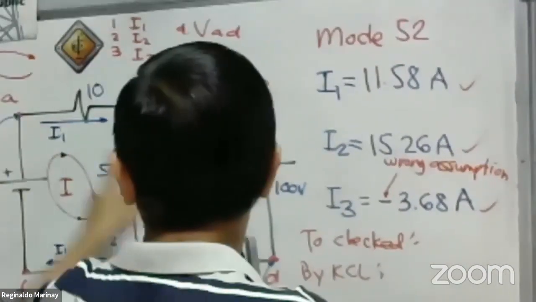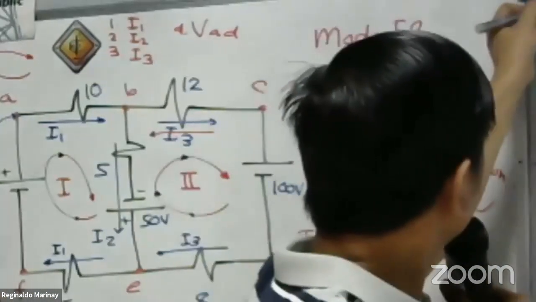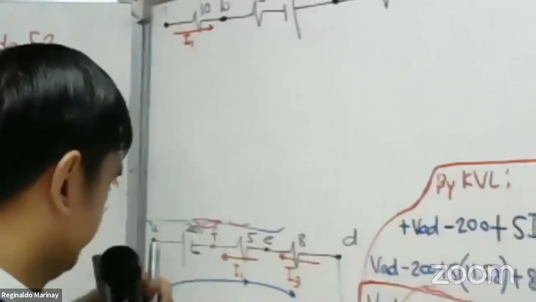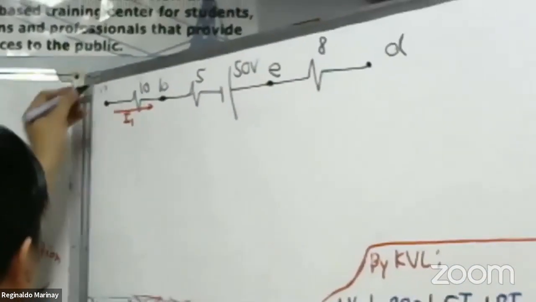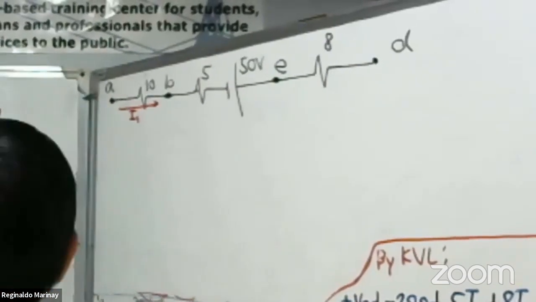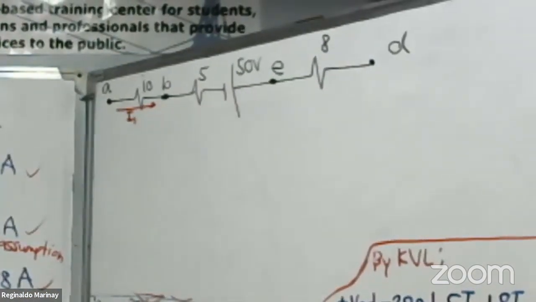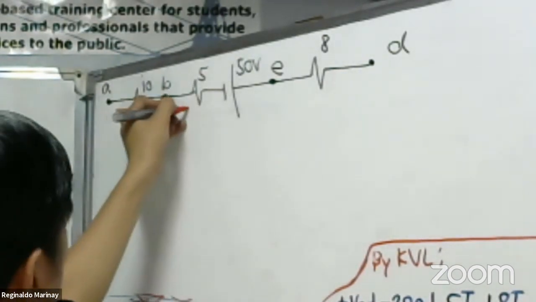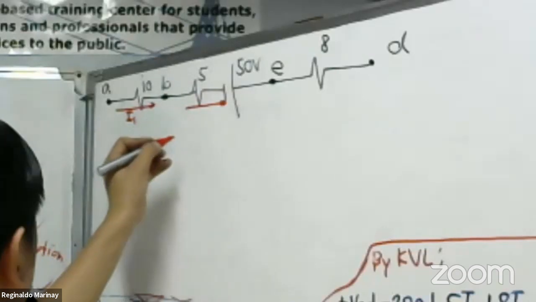Okay, what about the assumed current? From A to B, we have I sub 1. Okay, from B to E, we have I sub 2. From B going to E, I sub 2.